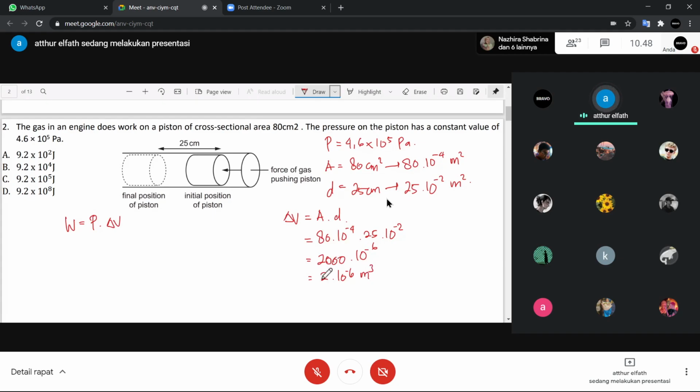After you obtain the delta V, you can substitute this number into this formula. The pressure is 4.6 times 10 positive 5 times 2 times 10 minus 6. I'm so sorry, this is supposed to be 3, minus 3.